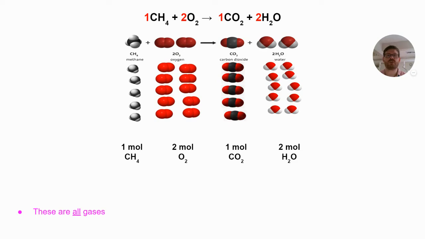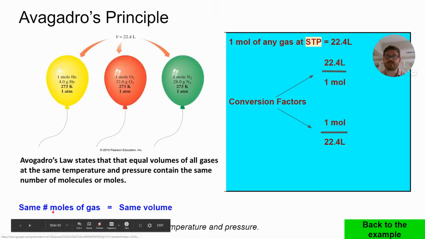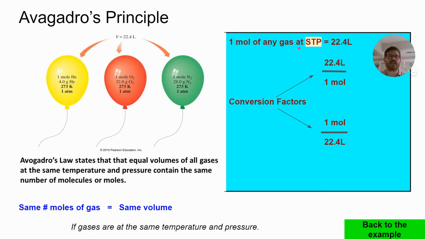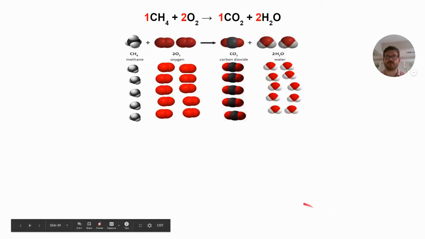So in this case, we're dealing with all gases. Let's assume for a moment that all these gases are at standard temperature and pressure. Remember, at standard temperature and pressure, 1 mole of any gas at STP is 22.4 liters. So we're at STP, 1 mole is equal to 22.4 liters.